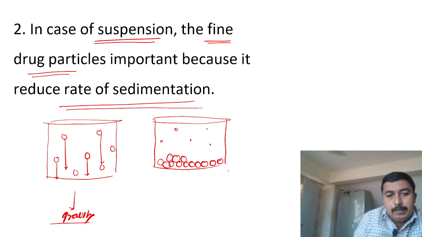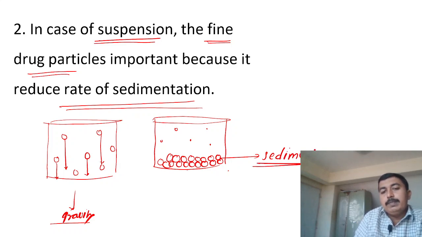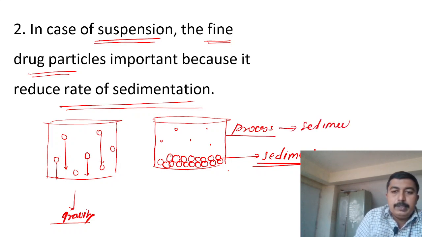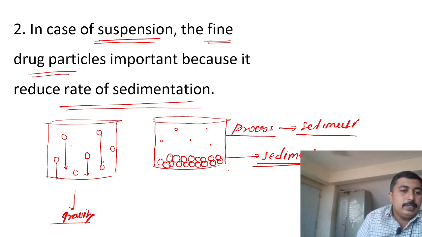The particles which are concentrated at the bottom of the container are known as sediment, and the process of downward movement is known as sedimentation, and this is one of the instabilities of suspension. Suspension is said to be stable if all powder particles are uniformly distributed throughout the dispersion medium.